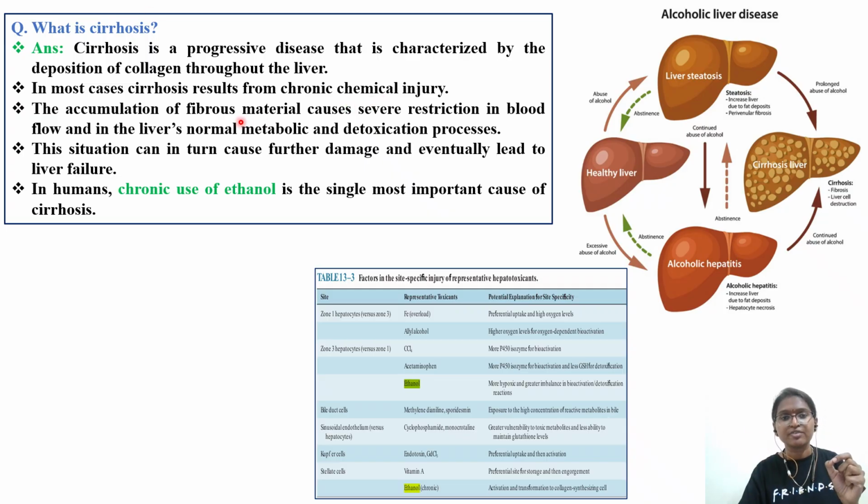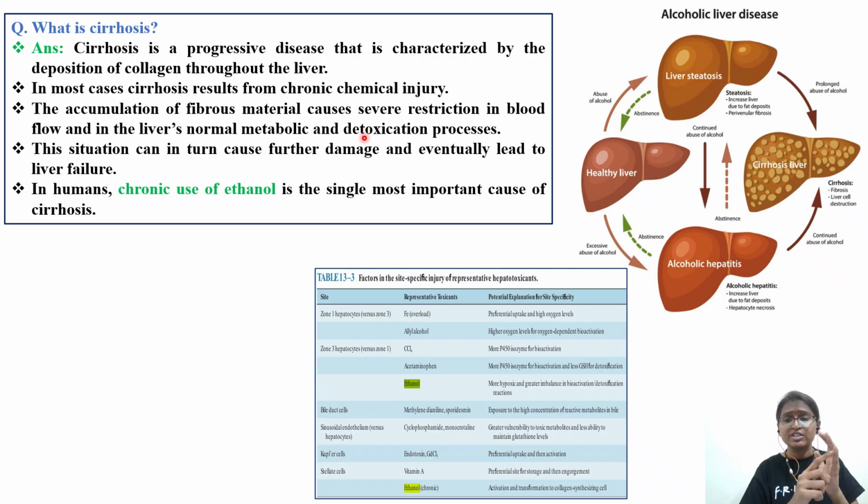The accumulation of fibrous material causes severe restriction in blood flow. Because of this fibrous tissue, the flow of blood in the blood vessels will decrease. With restricted blood flow, the liver's normal metabolic and detoxification processes suffer, because the liver is the organ responsible for the major metabolism of chemicals, xenobiotics.